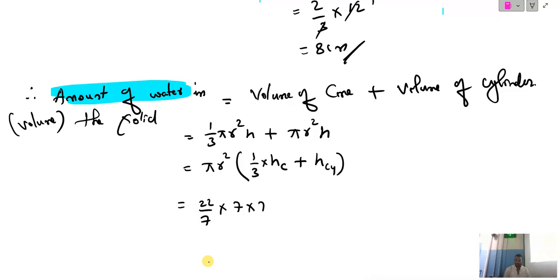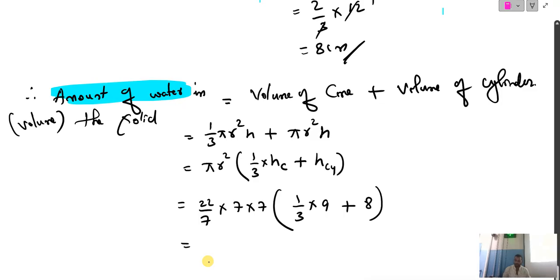Both are the same. That is 7 into 7 into 1/3 into the height of cone. What is the height of cone? 9 centimeters. Plus the height of cylinder. Which height do we have to take now? 8. Till the height of the water which is filled. Am I right? Yes. Now, as you can see, 7 gets cancelled. Now left out is 22 into 7, 3 ones are 3, 3 threes are 9, plus 8.